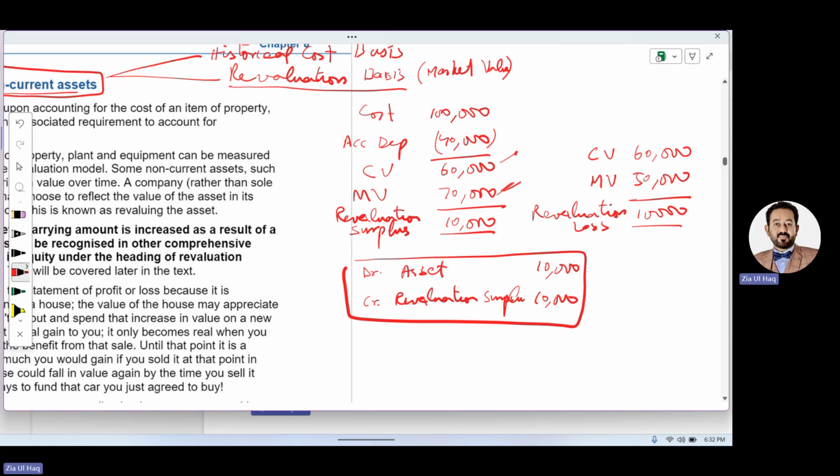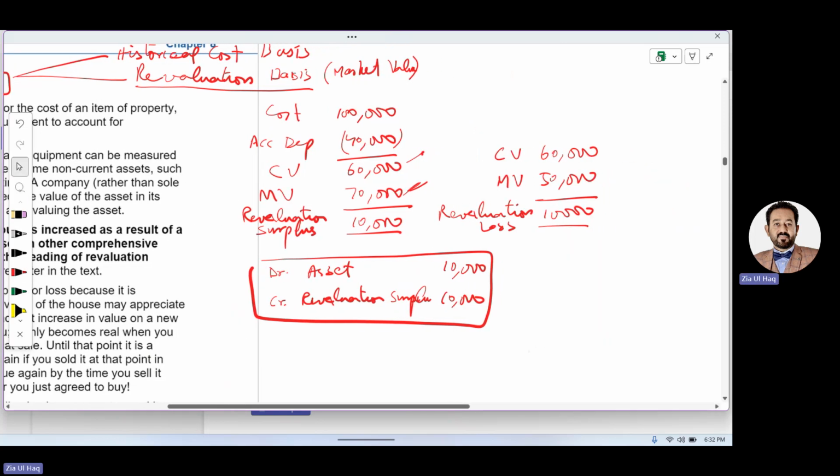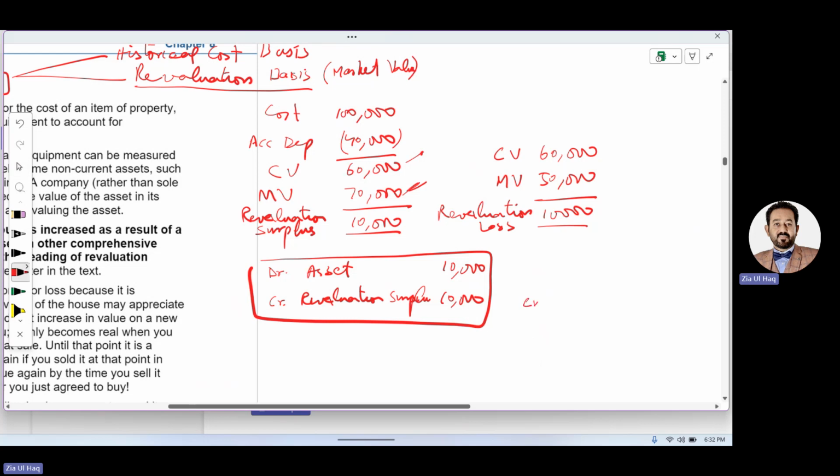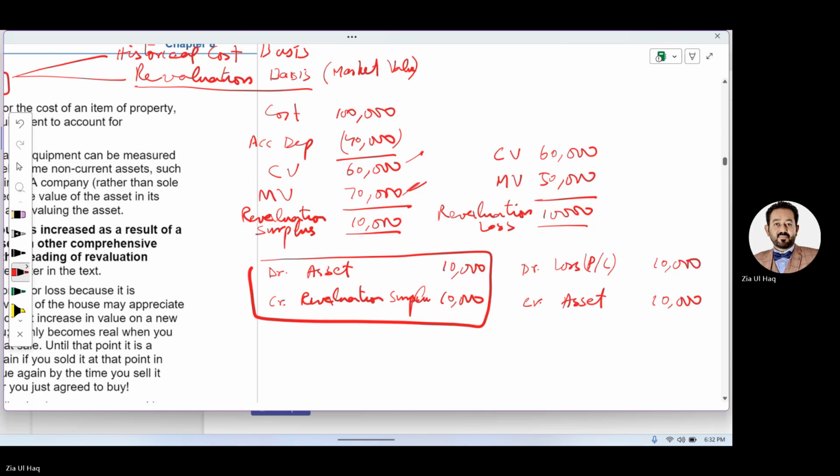They cannot say, where there is a gain we will record on revaluation, and where there is a loss we will keep it on cost basis. No. If you have chosen revaluation, you have to record all assets on revaluation. So this means the asset value has gone down. We will credit the asset by 10,000 and debit the loss to the profit and loss account, 10,000.